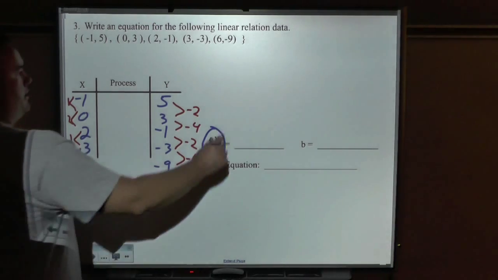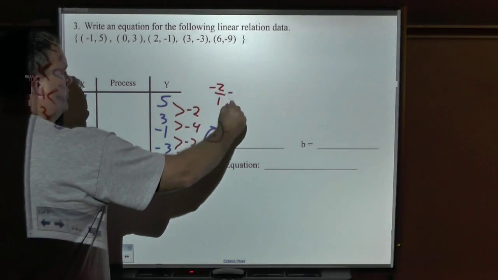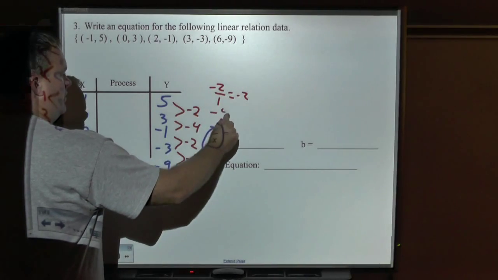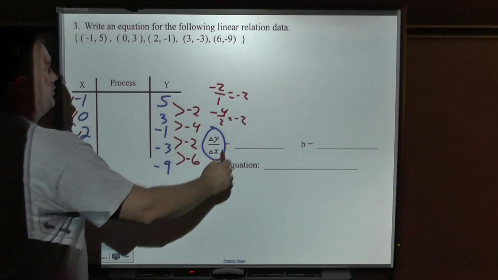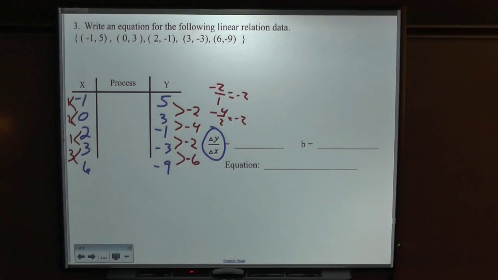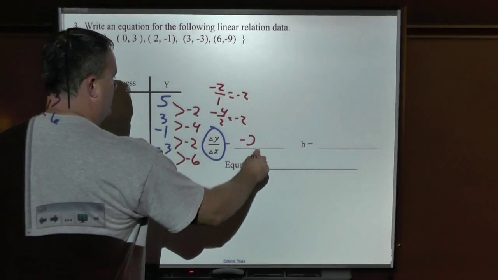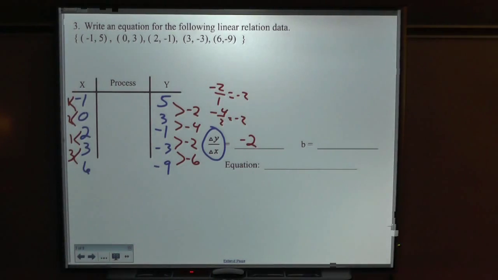When you do any one of these, you're going to get -2 over 1, which is -2, -4 over 2, which is -2, so on and so forth. So you do have a constant rate of change here. The rate of change, changing y over changing x, when simplified is -2.